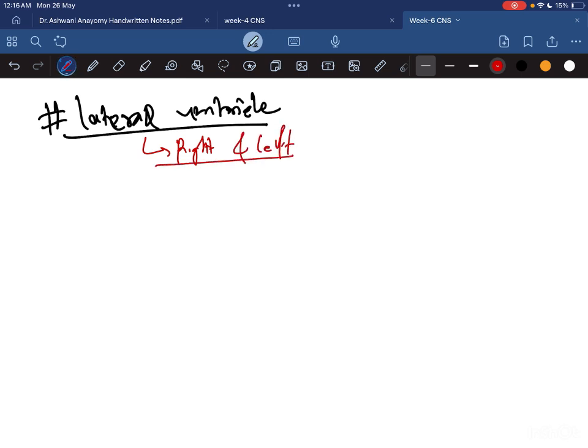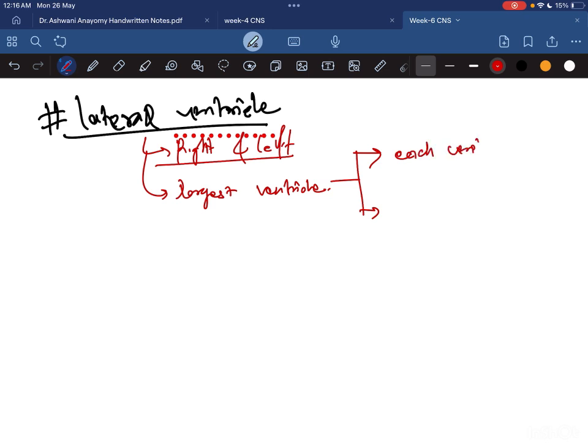It is the largest ventricle, and it is present in each cerebral hemisphere.